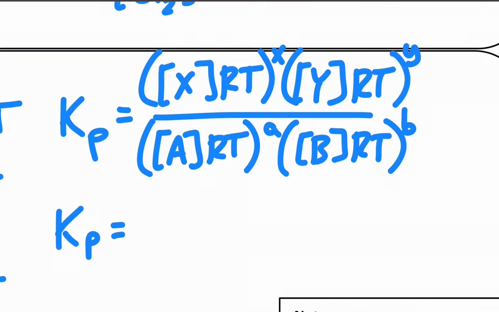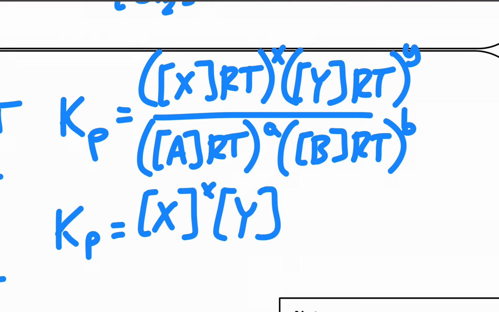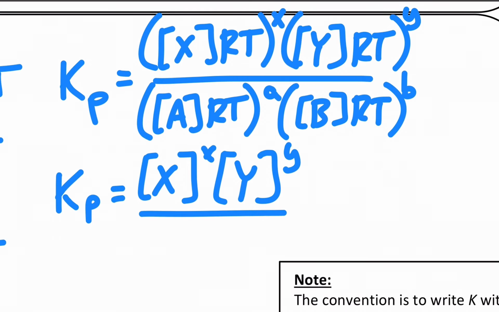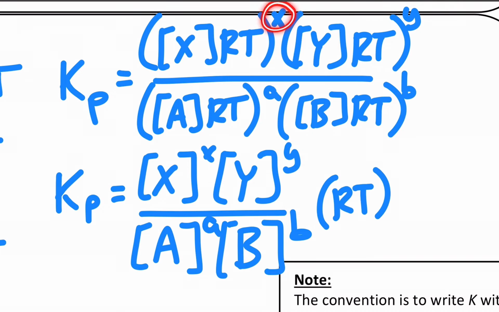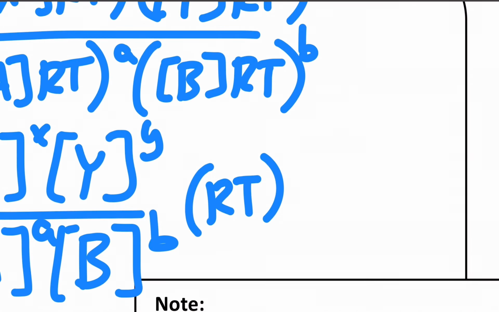So I'm going to factor that out and put it at the end, and what I'm left with is concentration X to the X, concentration Y to the Y, all over concentration A to the A, concentration B to the B, times the base RT to the, well, we have X and Y in the numerator and A and B in the denominator, so that's raised to the sum of X plus Y minus the sum of A plus B.